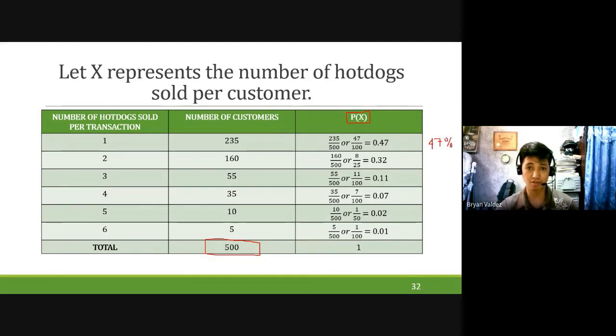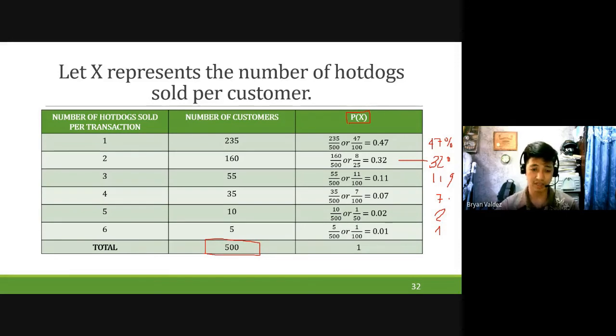We can say 47% yung chance na yung next customer ay bibili lang ng isang hotdog. And then so on for the rest of the rows. So dito, 0.32, so that is 32%, 11%, 7%, 2%, and 1%. So on and so on.